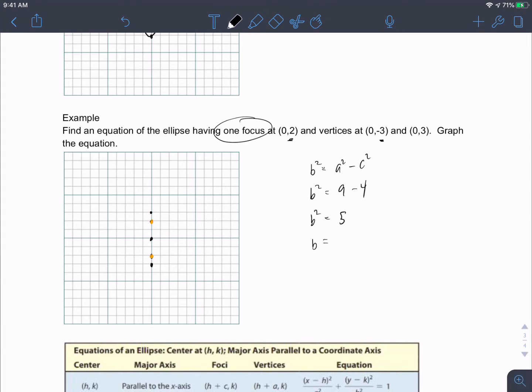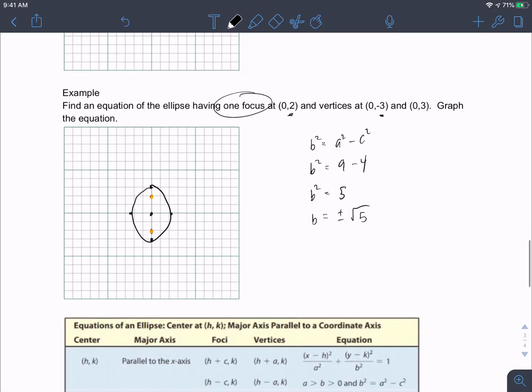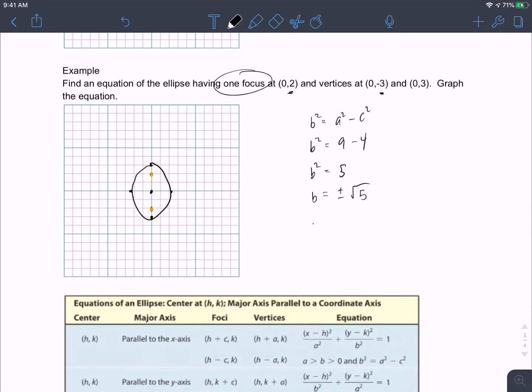And we're going to get b is equal to plus or minus the square root of 5. And square root of 5 is just beyond 2. And so this is what our ellipse looks like. And the equation that we're going to be given is going to be x squared over 5 plus y squared over 9 is equal to 1.